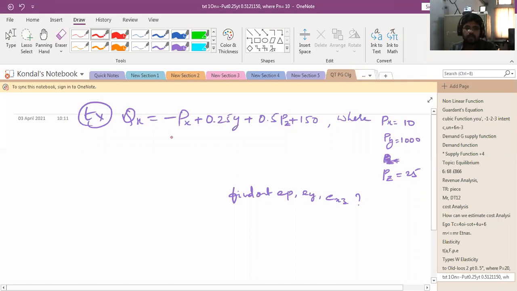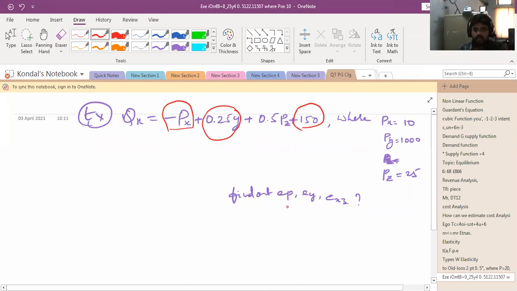This is the function given by some experts: minus Px plus 0.25y plus 0.5 Pz plus 150. This is related to price elasticity. This is related to income elasticity, because y is income and p is price. Pz we can assume relates to cross elasticity. The 150 is called the constant value.